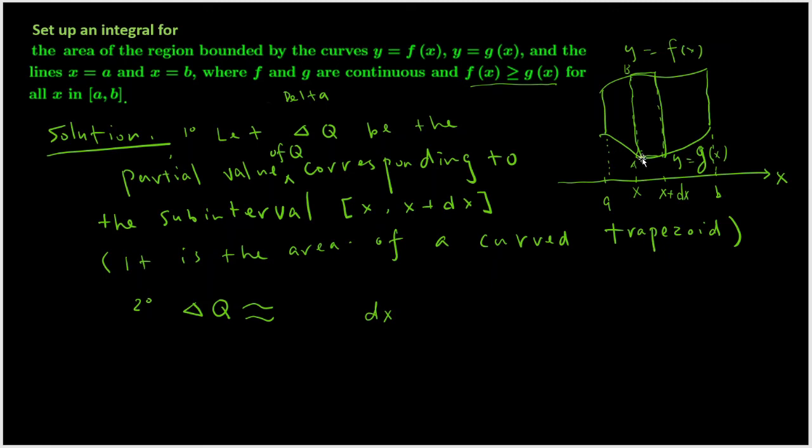Now let's say point A is on the curve, and point B is on the curve. I'm going to write it down. Point A has x coordinate of x, and because the point is on the curve with the equation y equals g of x, the y coordinate of point A is, of course, g of x.